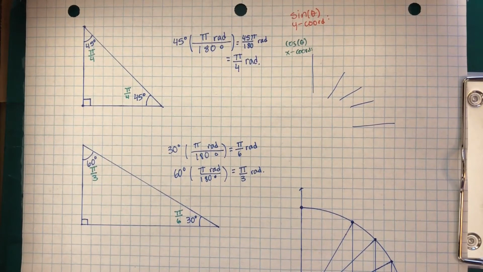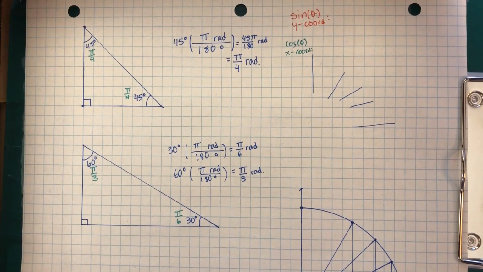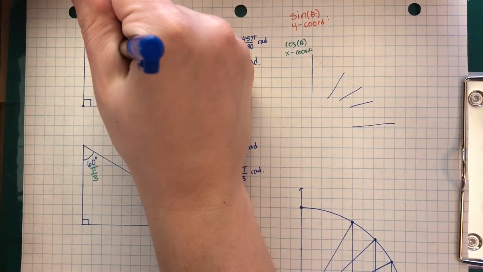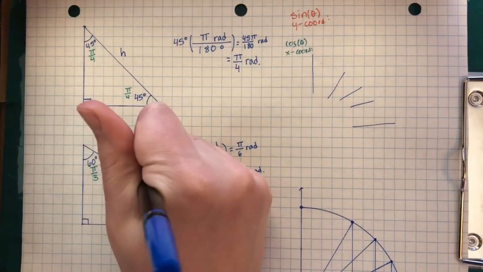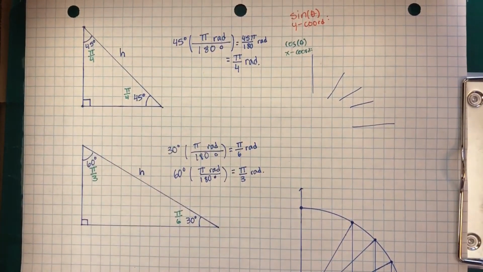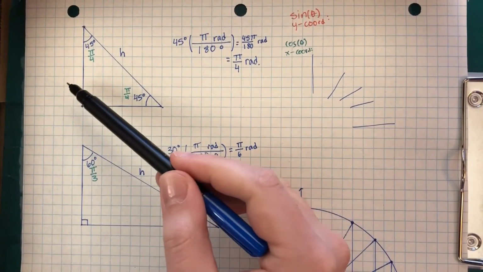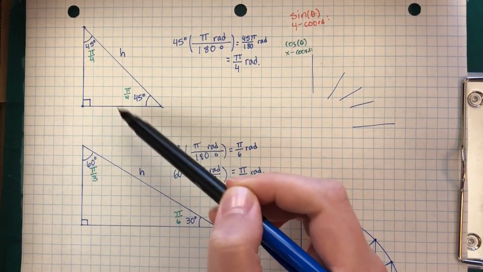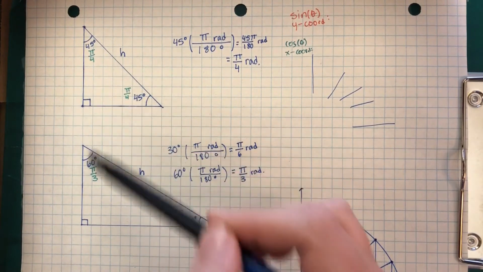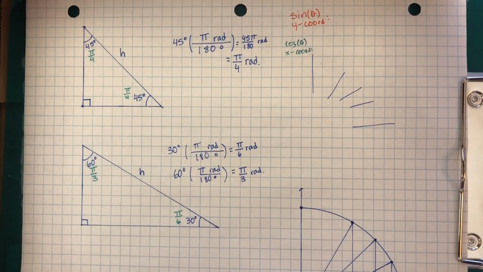So let's talk about sine and cosine. So I'm just going to call the hypotenuse of each of these triangles h. And then I'm going to try to find the side lengths of both of these in terms of h.